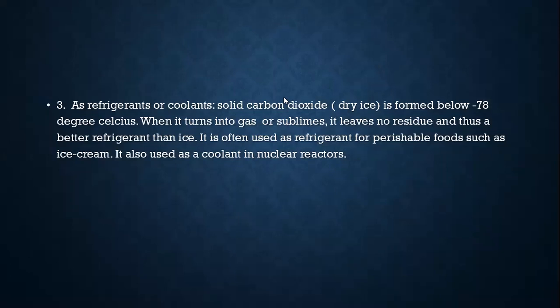So we use it basically for refrigeration of perishable foods such as ice cream. What they actually use in large industries where they make ice creams is dry ice, which is solid carbon dioxide or carbon(IV) oxide.